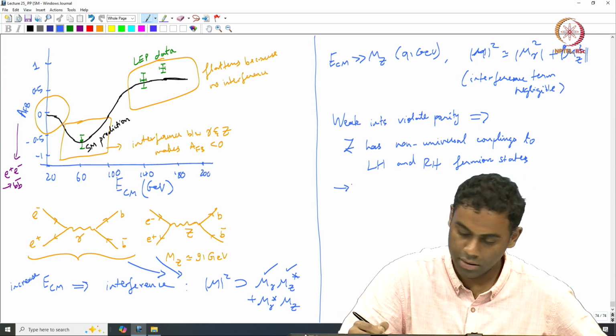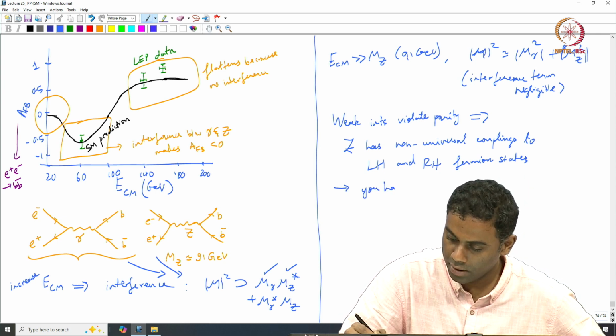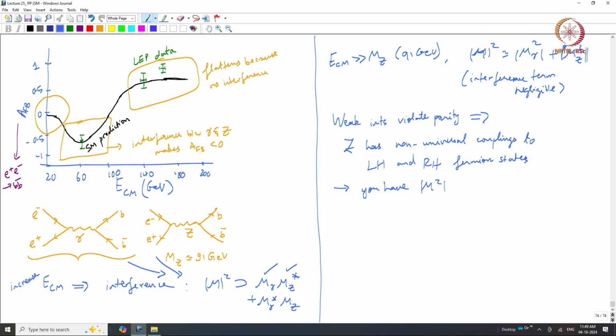Because this means you have m square terms that go like this. I have a coupling of the Z boson to the left handed electron and another coupling to the right handed electron, and in the final state similarly, in this case it's a B. So I have this, and that is the part that multiplies 1 plus cos square theta.